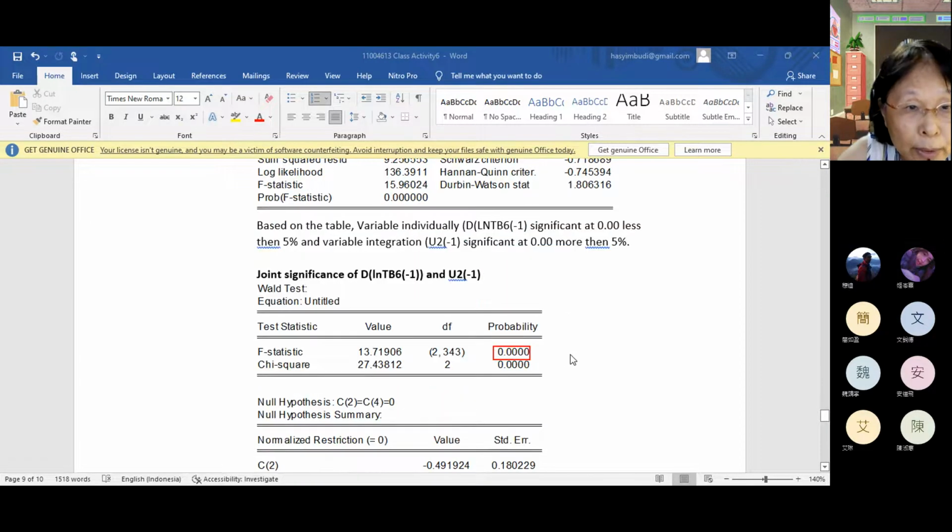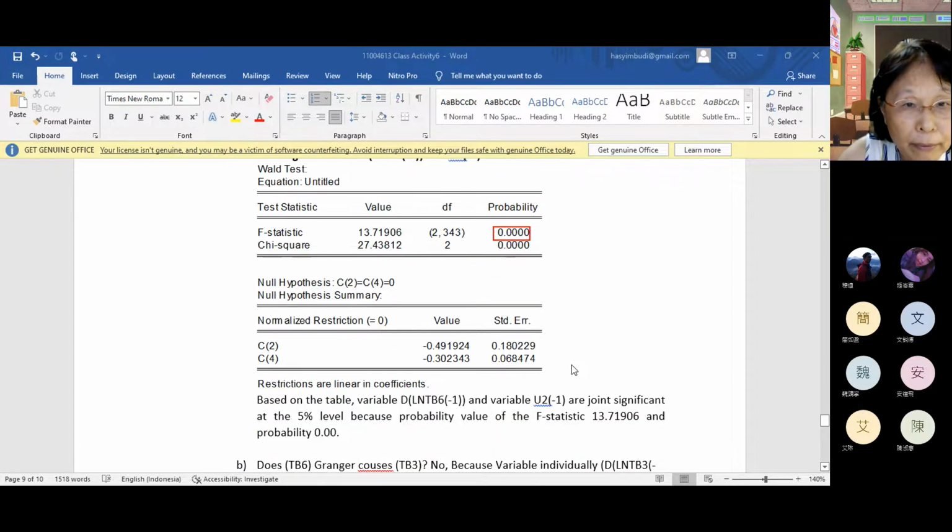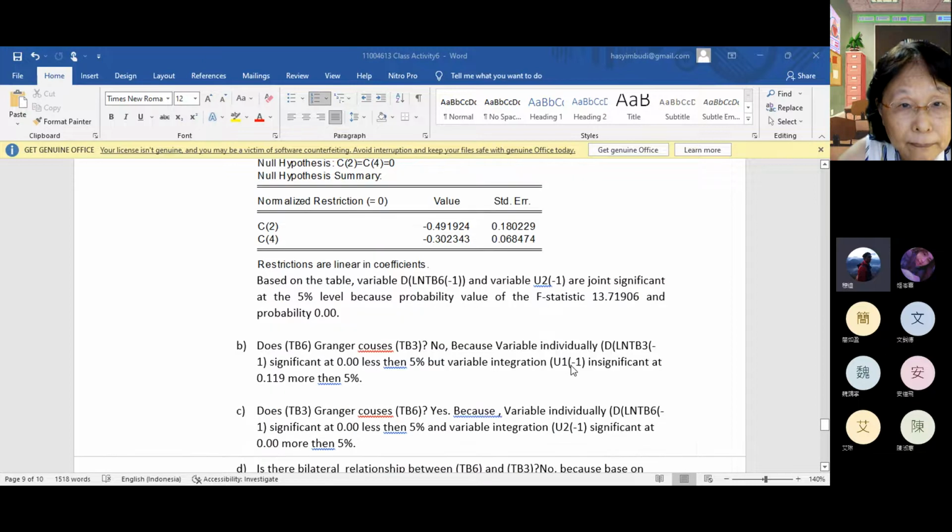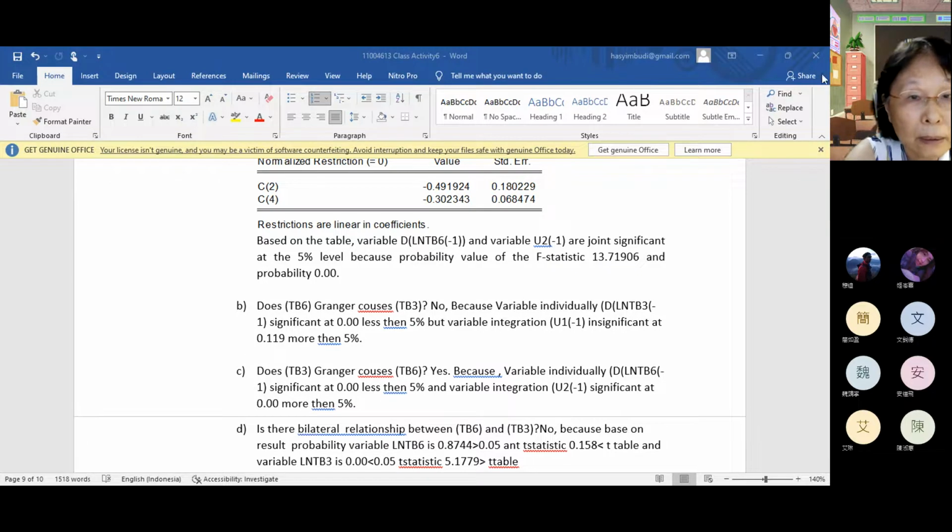We have to use the joint significance. We need joint significance instead of just looking at the individual one. You have to do the joint significance test for both. Look at the one without significance.